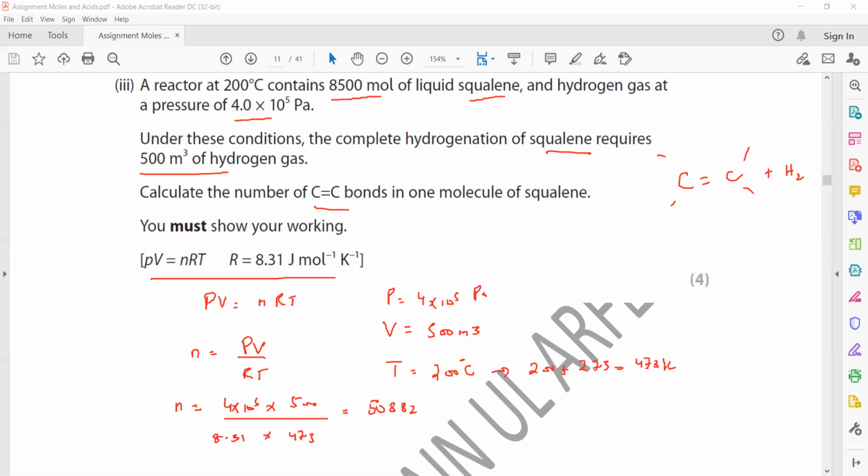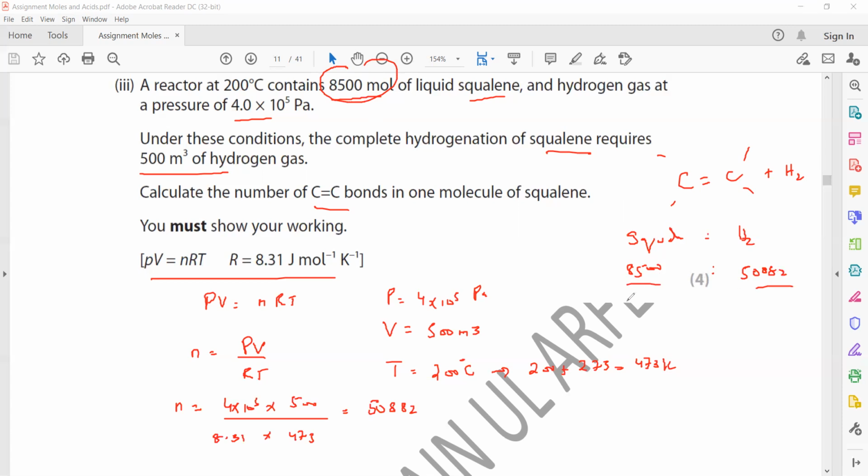Now we'll take a simplest ratio between hydrogen and squalene, because as they mention in the question, we have 8,500 moles of liquid squalene. So the ratio of squalene to hydrogen, we have 8,500 moles of squalene and 50,882 moles of hydrogen.